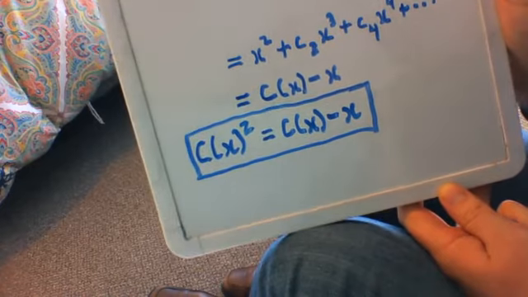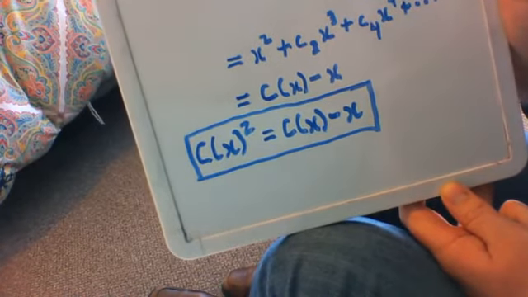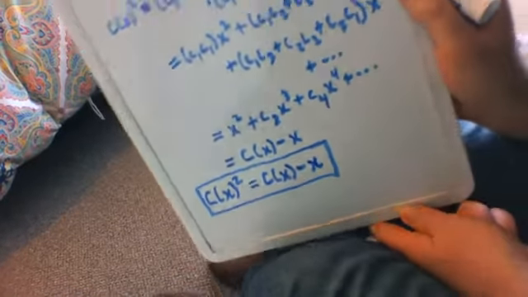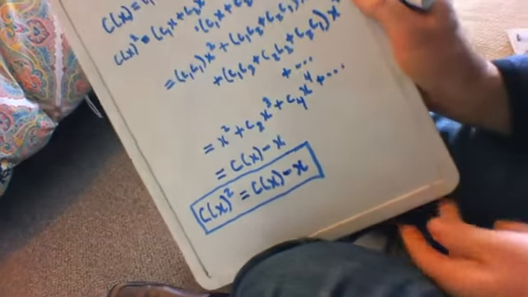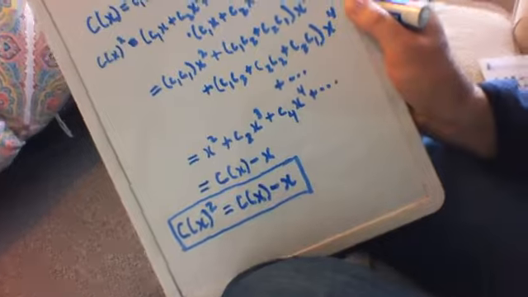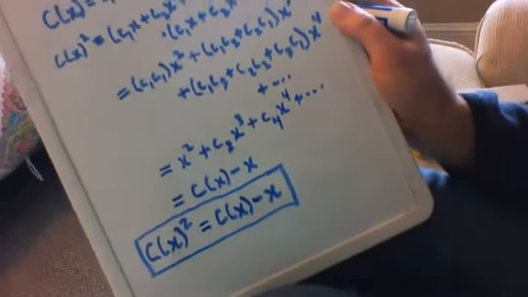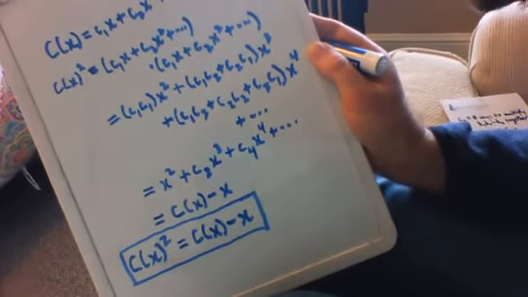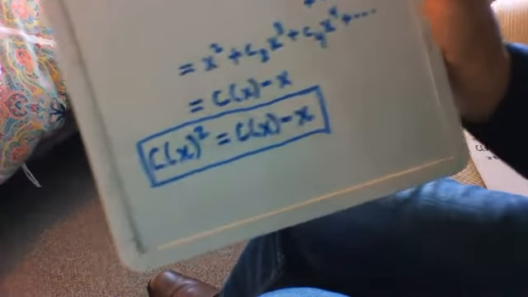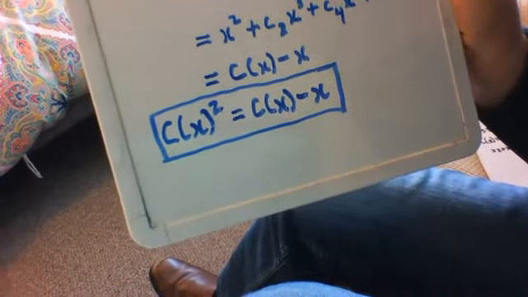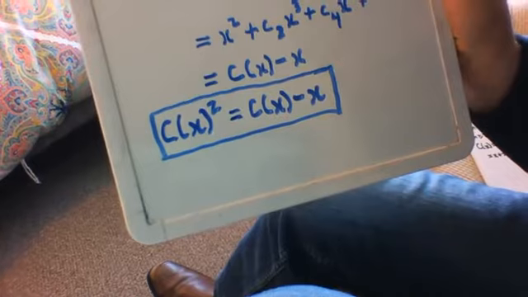And that identity came directly from invoking the recurrence relation and then thinking carefully about things. That identity is going to be the key to actually solving the Catalan recurrence relation.